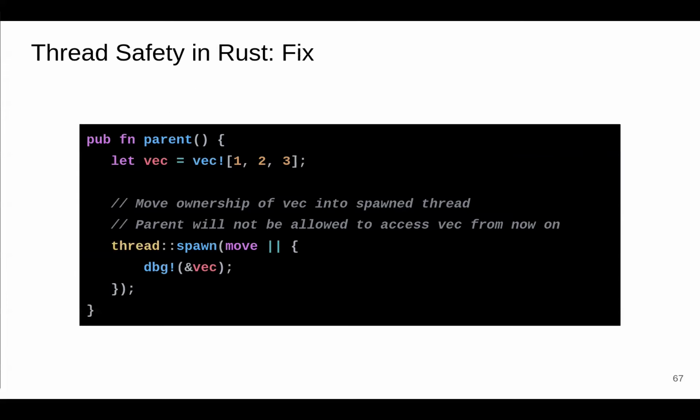You can actually list this up, and for example, here in this thread, you could move the ownership of this vector into the spawned thread, and then the parent will be prohibited from accessing the underlying data until the assignment returns, for example.